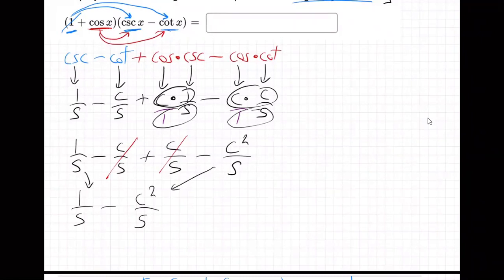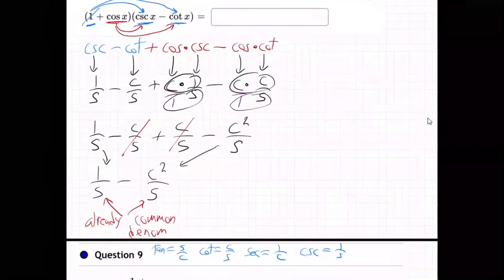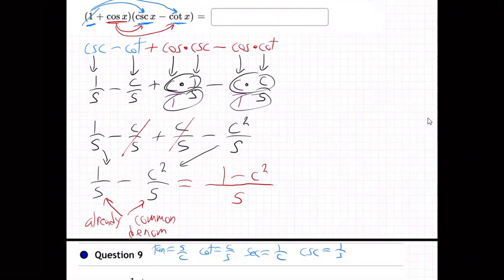And notice these denominators already have a common denominator. So we can just combine them into one fraction. You don't need to do anything.